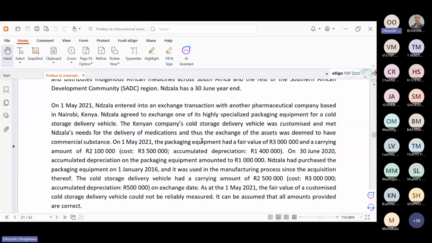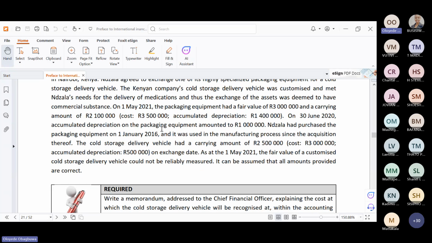As at 1st May 2021, the fair value of the customized cold storage delivery vehicle could not be readily measured. It can be assumed that all amounts provided are correct. Now, we were told that this has a commercial substance, but the fair value of the vehicle cannot be readily measured.